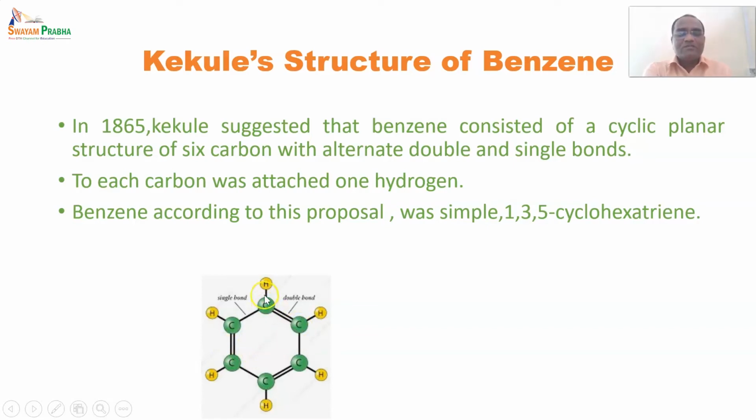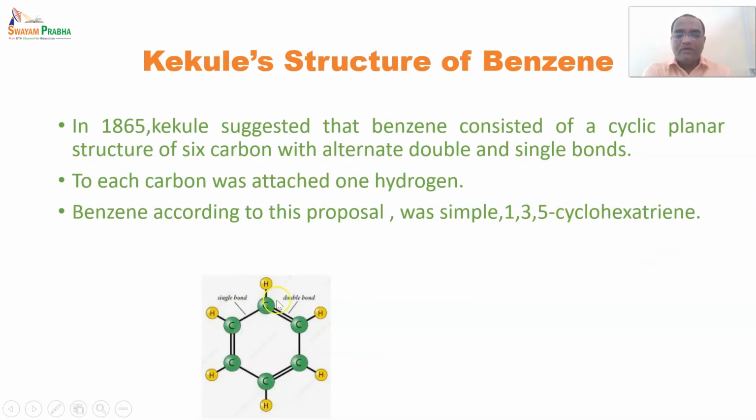One more suggestion given by Kekulé was that each carbon was attached to 1 hydrogen, and from this it was concluded that if all this hypothetical data matches, then the structure is 1,3,5-cyclohexatriene.